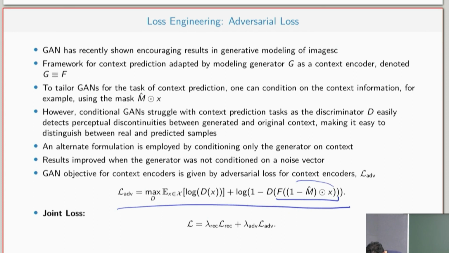1 minus M hat times X, we remove the patch, and then we send it to the generator to construct the original image, and then the discriminator will say whether the constructed image is good or not, and the discriminator is trained obviously on the correct image. So we are telling the generator, you construct the patch part. That's the generative part.